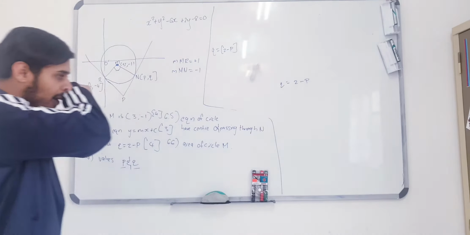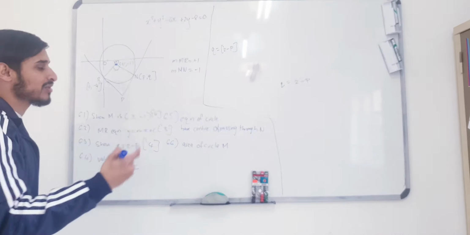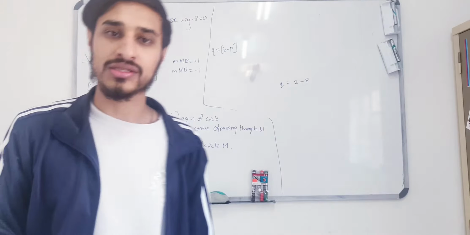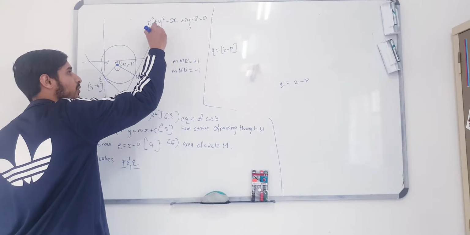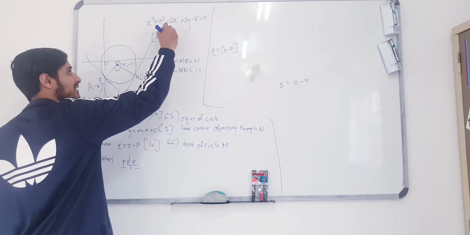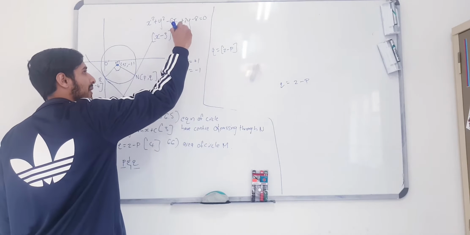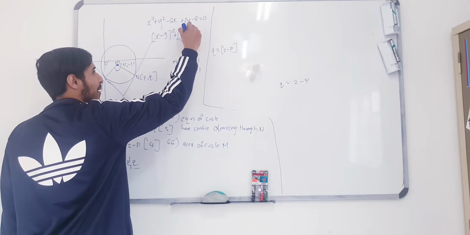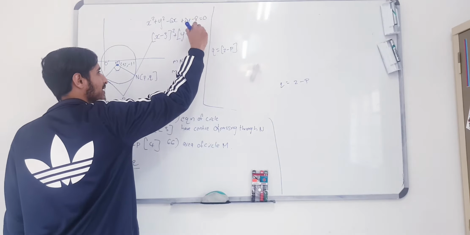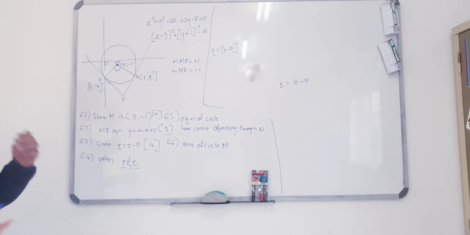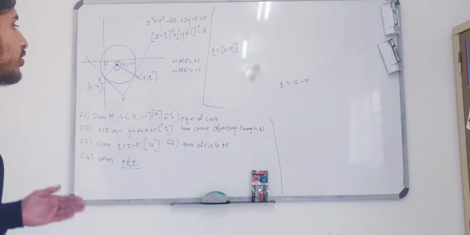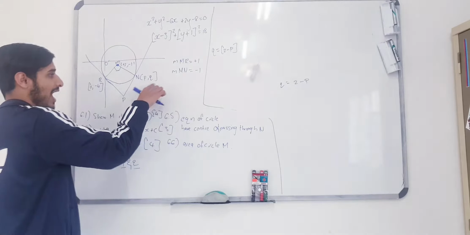Remember, when we calculated our specific equation, we can change this equation to be x minus 3 squared plus y plus 1 squared equals 18. Now remember, this p and q are your x and y values.